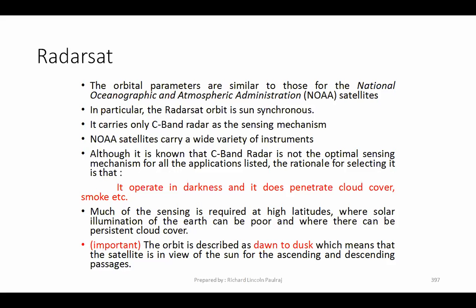So if in one country you are able to see the satellite now, in the other country you will see it after some time, after 12 hours. So the satellite is always in view. It may not be in the same country, but it's always in view. That's what it means. This concept is referred to as dawn to dusk. So if a question is asked, these lines can be your answer.